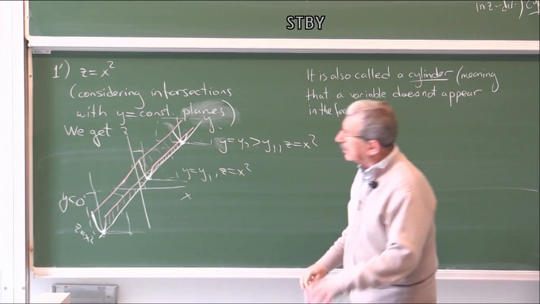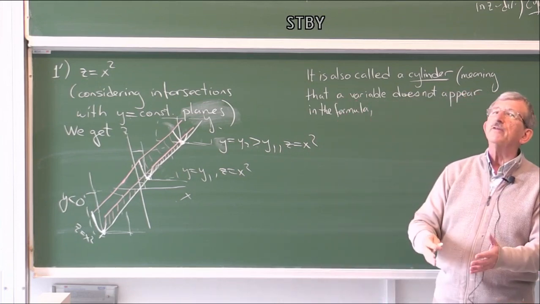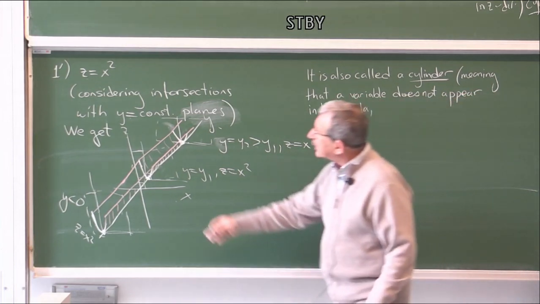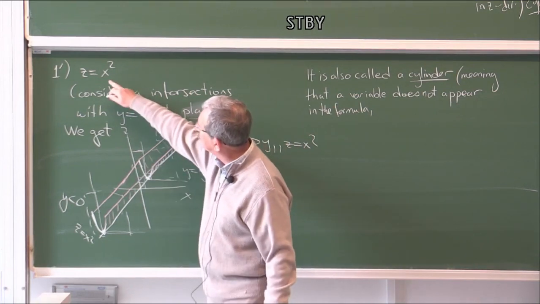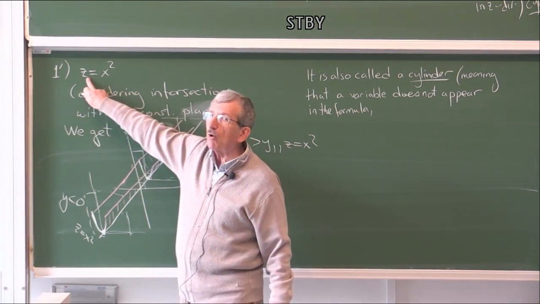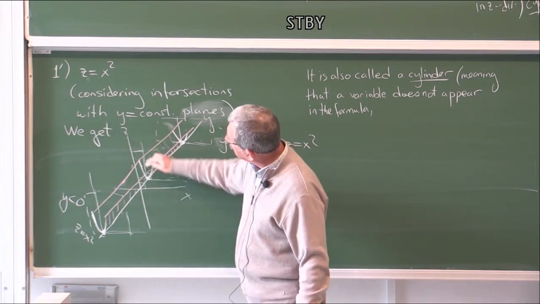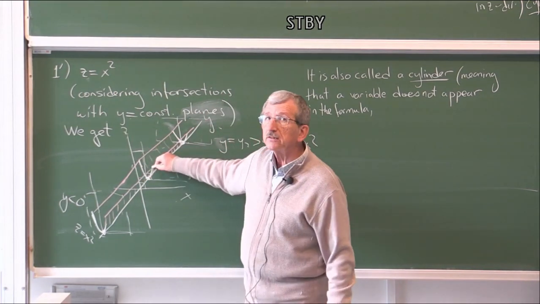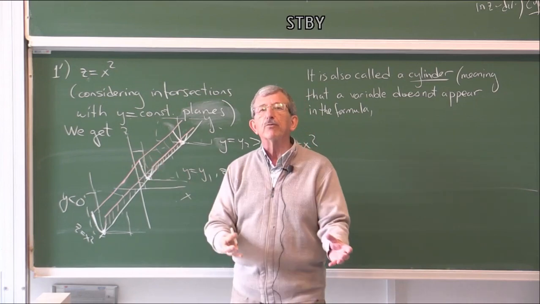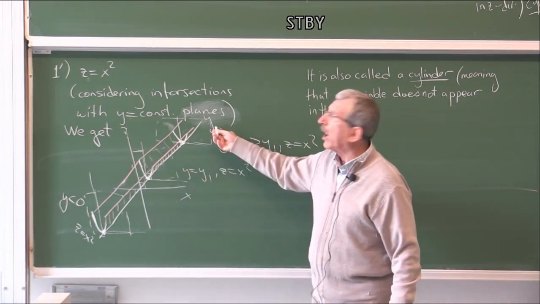So there's a simple way of sketching these surfaces. You sketch one of them, but you are careful about the missing coordinate. So along the missing coordinate, you draw one of them, a parabola in this case, and then you just move it back and forth along y in this case.